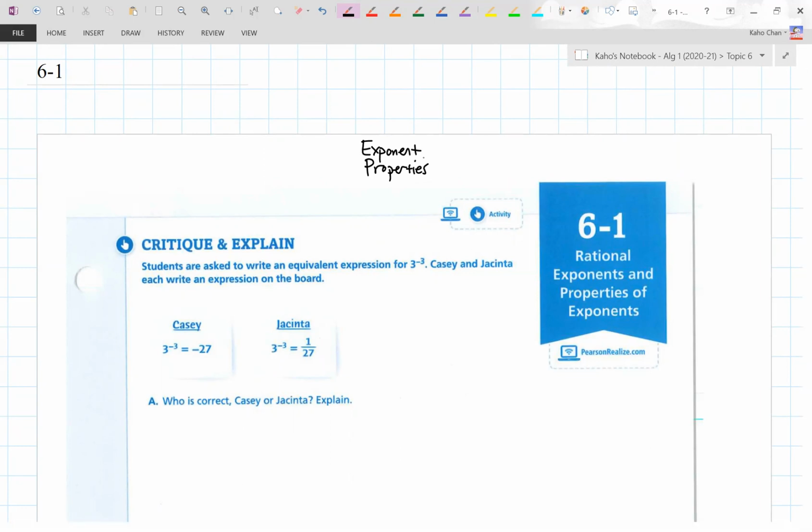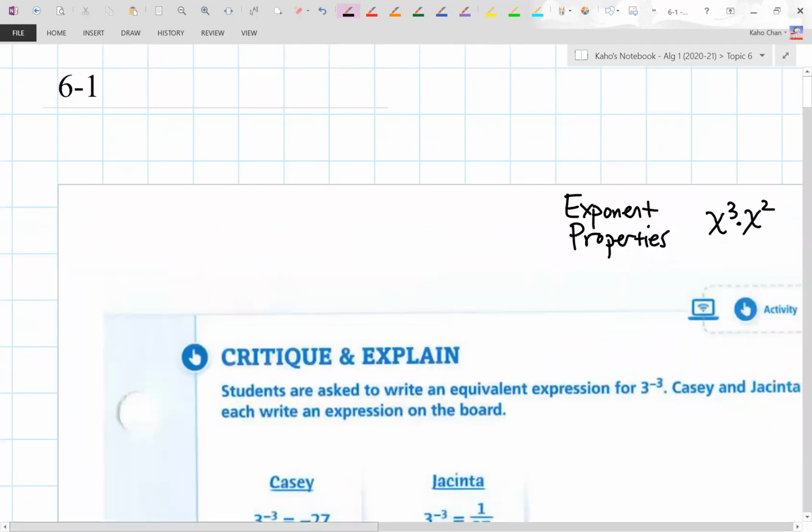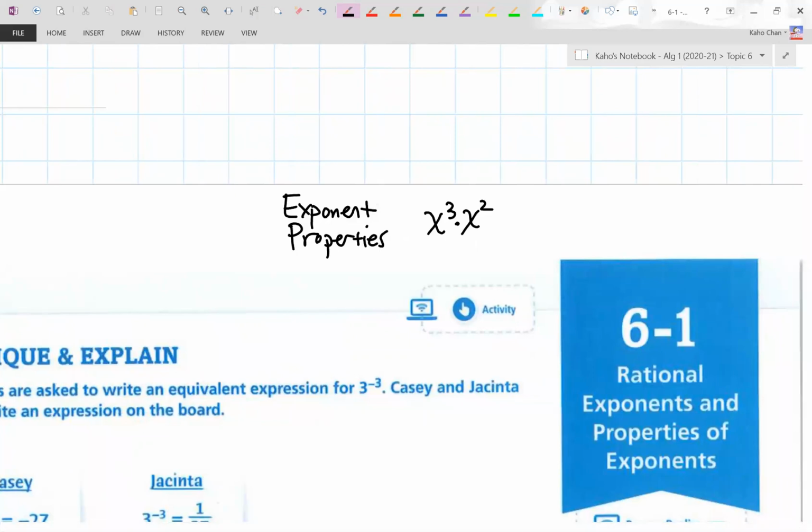Now, let's just do some examples here. What if you're presented with, say, x to the third times x squared? Let me zoom in a little bit so you can see a little better. When you first learned what these things mean, you broke it down into its factors. X to the third literally meant x times x times x, because there's 3 of them, and x squared literally means x times x.